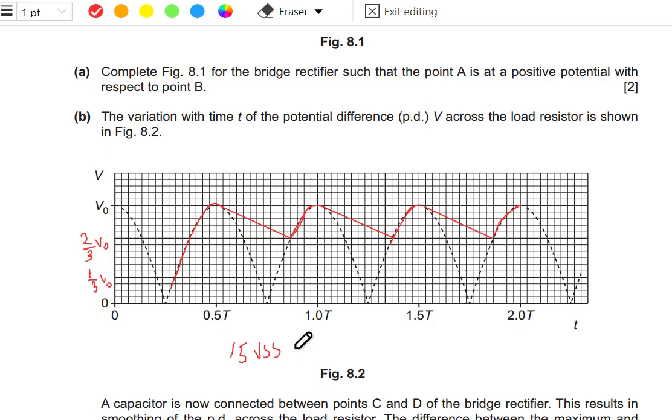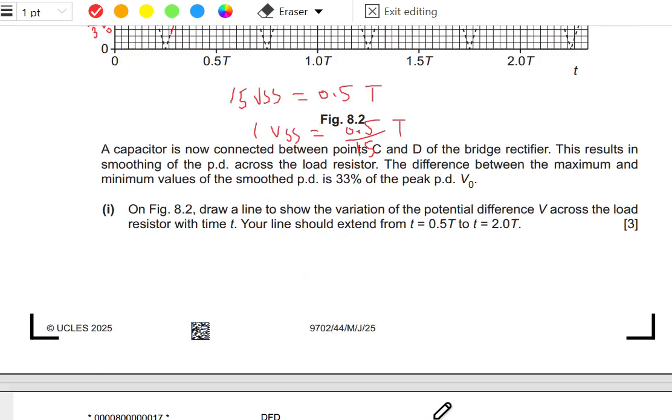Okay, this represents 0.5T. So one very small square is represented by 0.5 over 15 T, which is 0.037T.